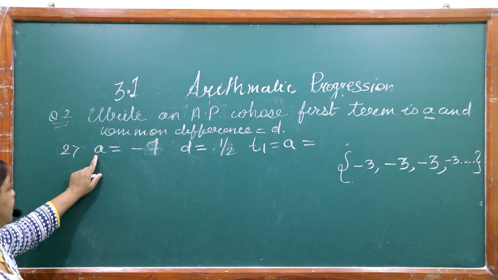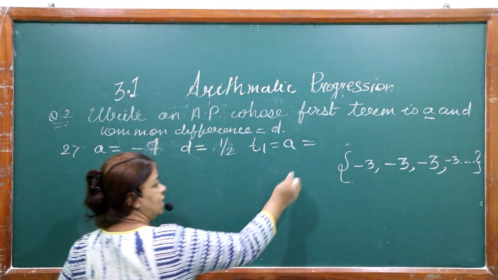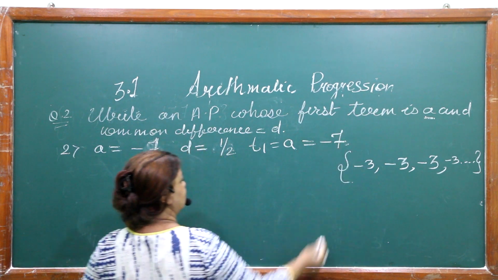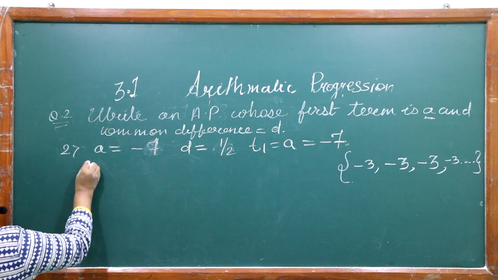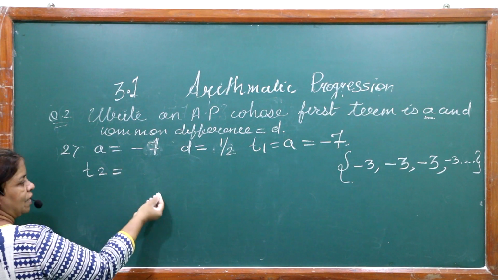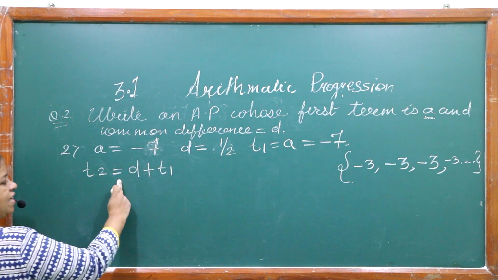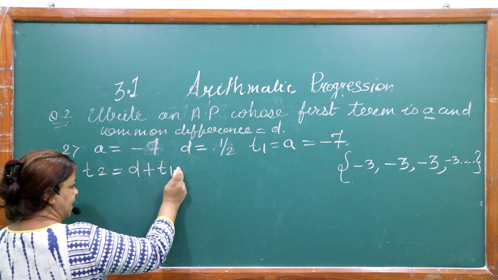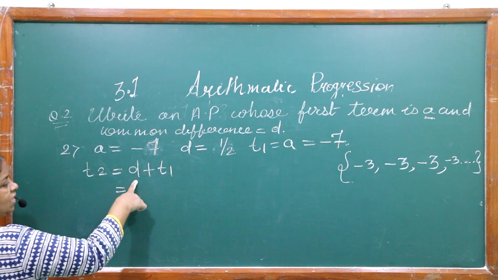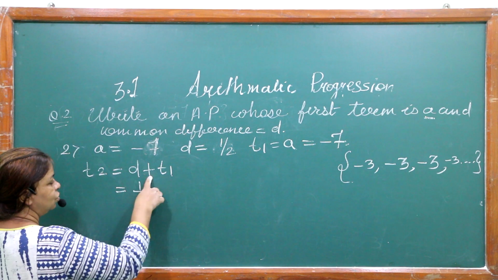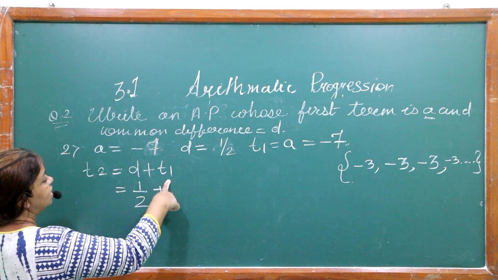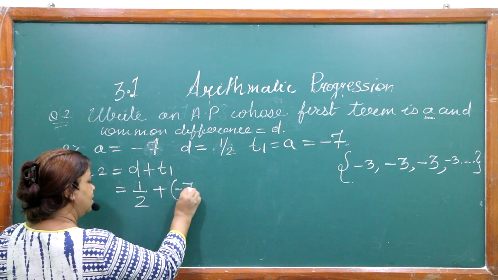Term 1 is nothing but A, and here A is minus 7. As per the rule, T2 is equal to, now I am using directly, D plus T1. You know where it has come from? By taking it to this side. Now D is 1 upon 2, sign plus, and term 1 is minus 7.